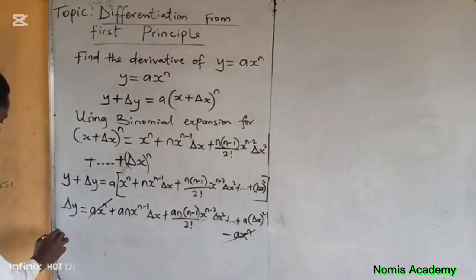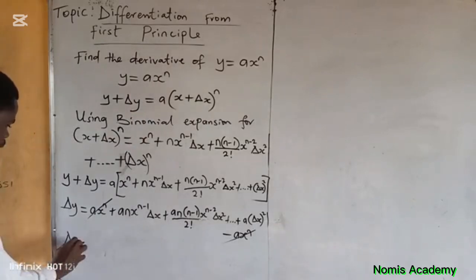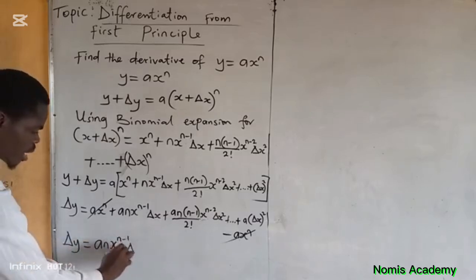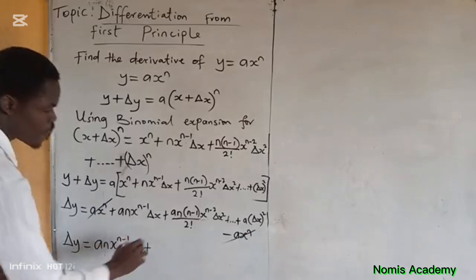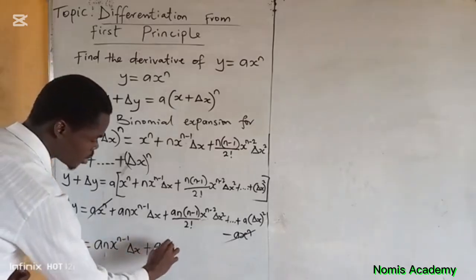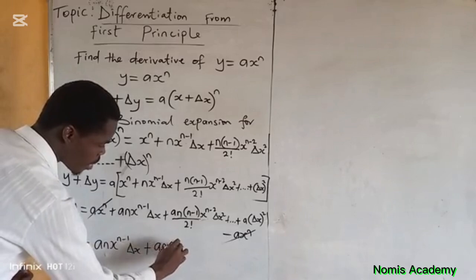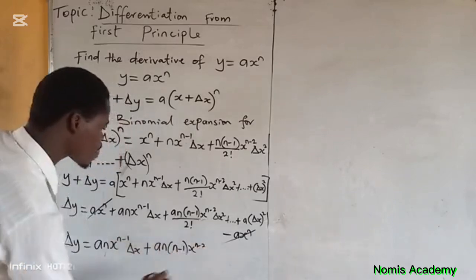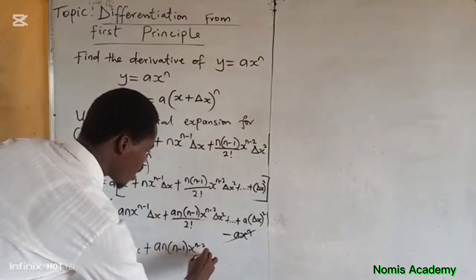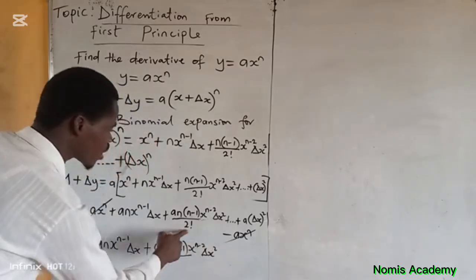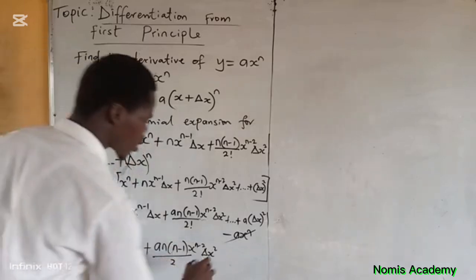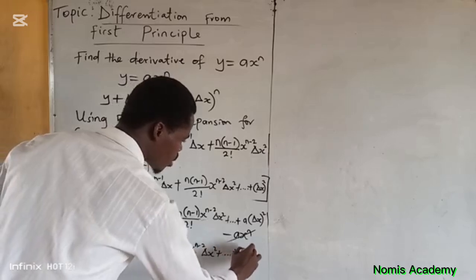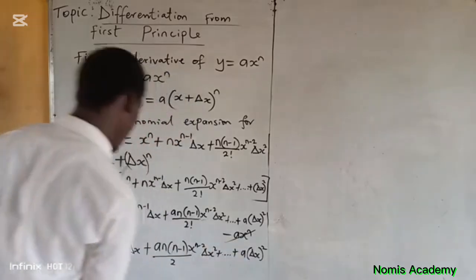And then we are left with delta y equal to a n x n minus 1 delta x plus a n into n minus 1 x n minus 2 delta x squared, all over 2 factorial is 2, plus ellipsis plus a into delta x squared.